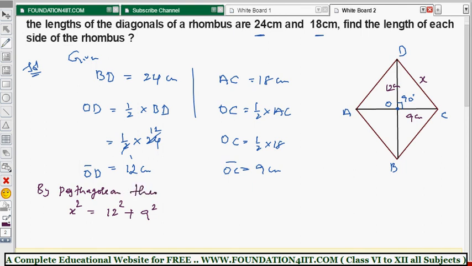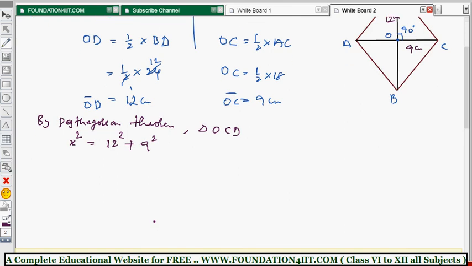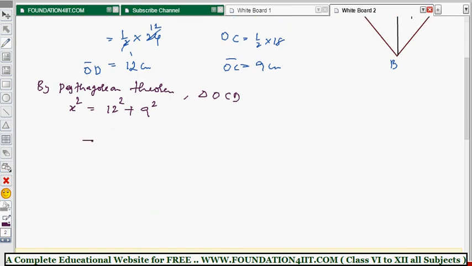This you have to simplify to get the value of X. 12 square is 144 plus 9 square is 81. 144 plus 81 is 225, the value of X square. Then X is equal to the square root of 225. The square root of 225 is 15 centimeters.